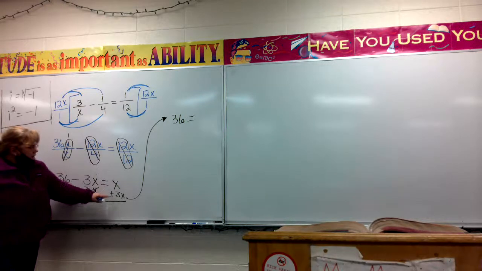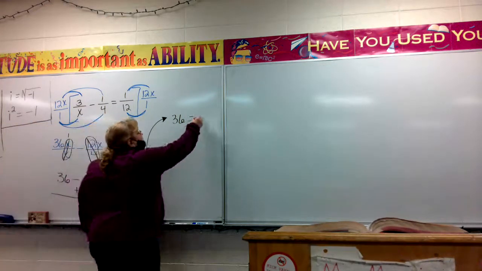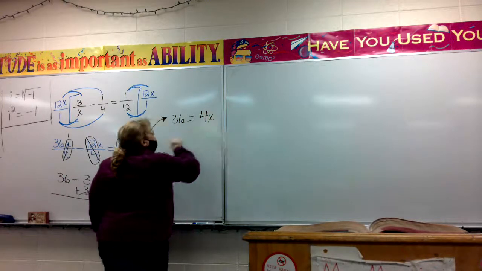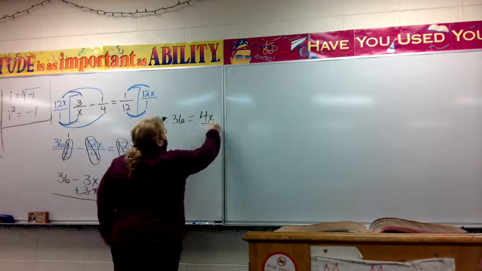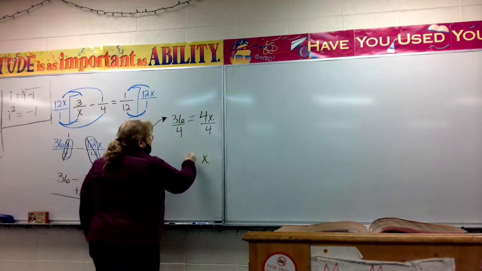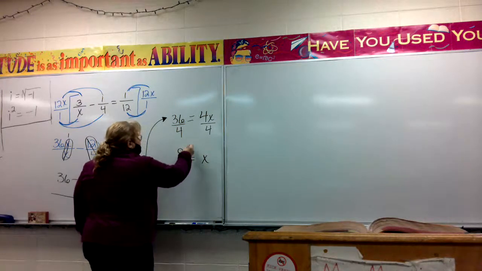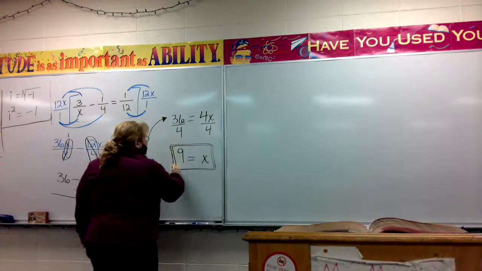And on the other side, x plus 3x. Oh, look how nice. That's 4x. What do you do to finish it? Right, divide by 4, divide by 4. And so what do we get? x equals 9. Nice and even, a whole number.